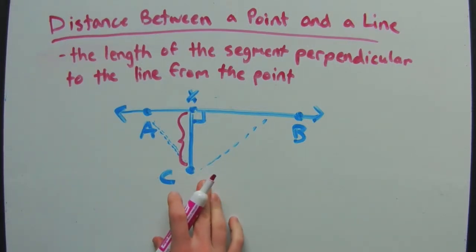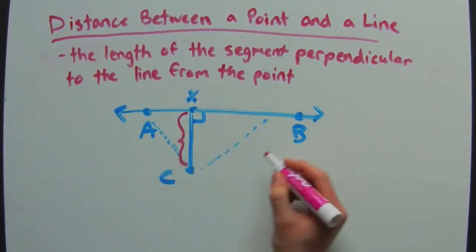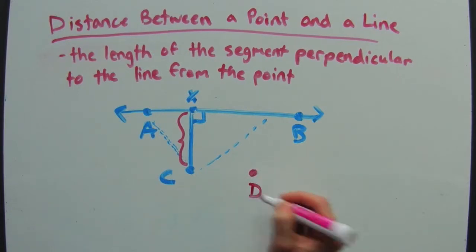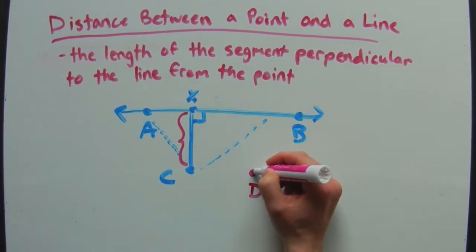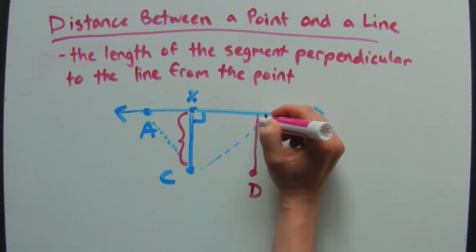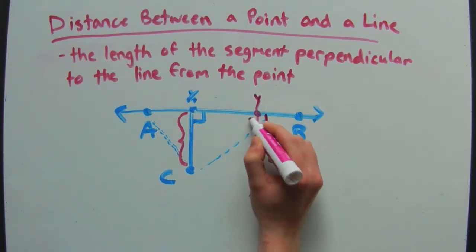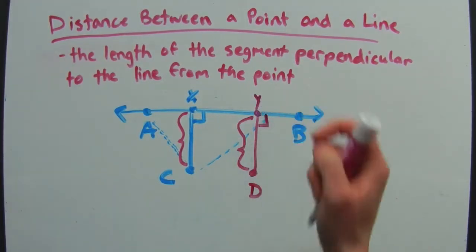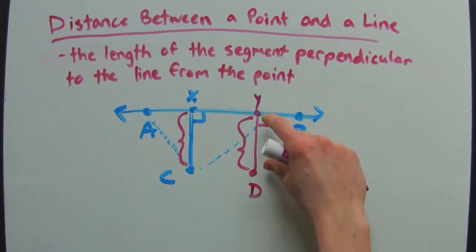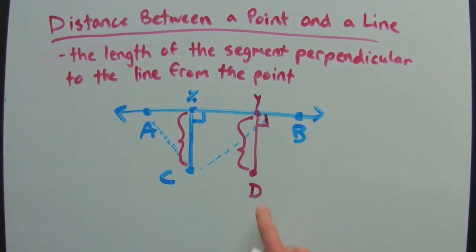And that would be the distance between a point and a line. So if I had another point, let's say D, I would need to create a perpendicular segment, and then we would measure the length from D to Y, and that segment length would be the distance from D to the line AB.